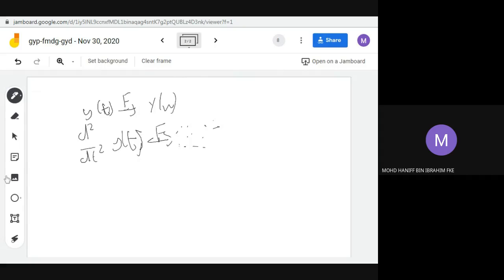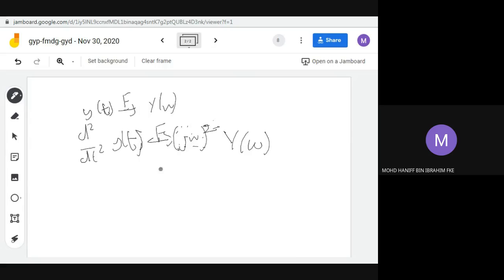Okay, so for this, we are going to get (j omega) squared Y(omega). That should be the case, right? This is based on what we have learned previously in the differentiation properties.